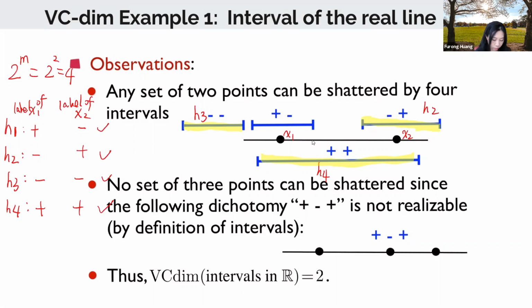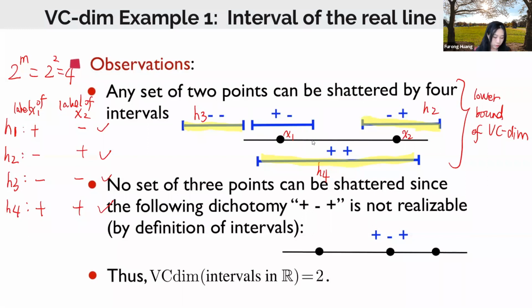So what does this give you? This gives you a VC dimension lower bound. Okay, I hope this is very clear.